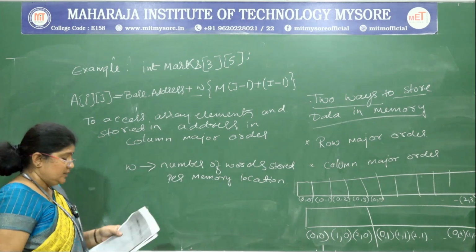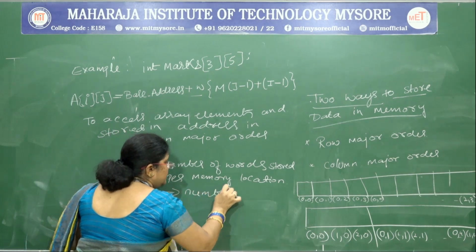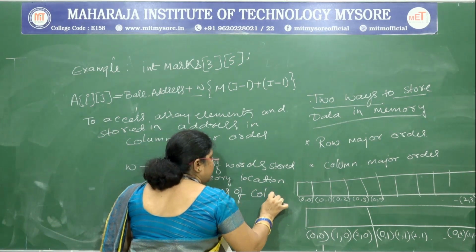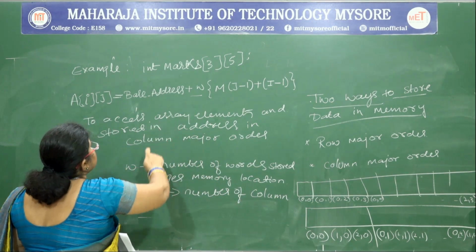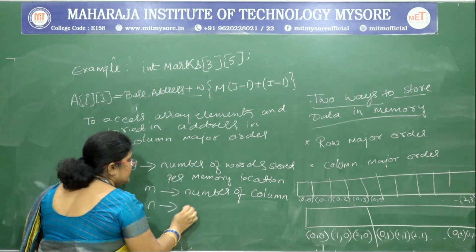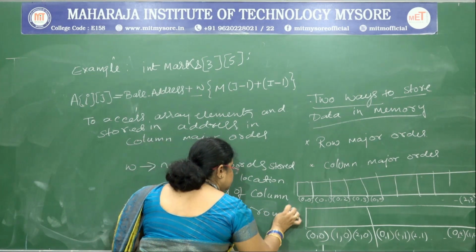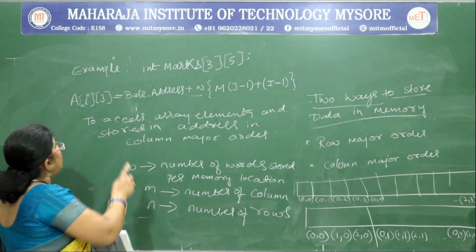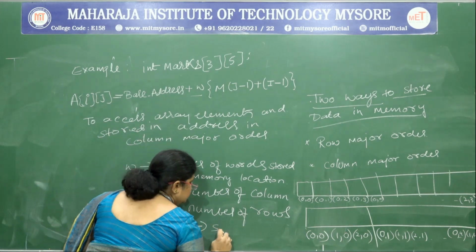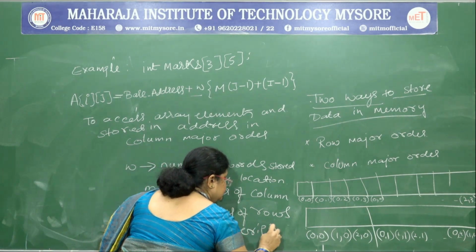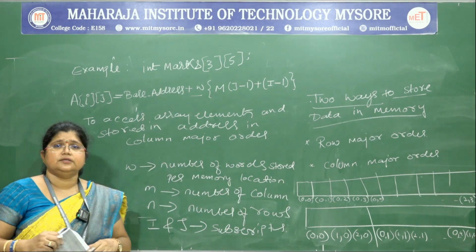M is the number of columns. N is the number of rows. Where I and J indicate the subscripts. So now this is the address.